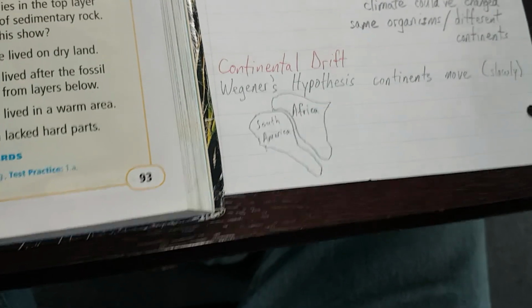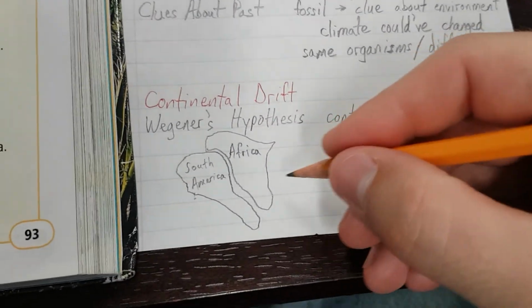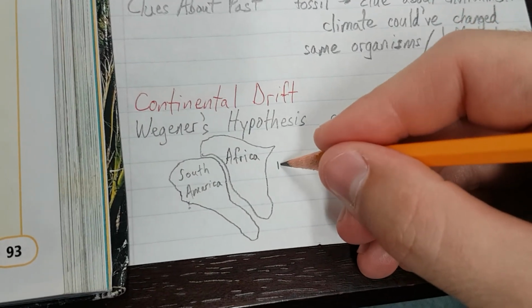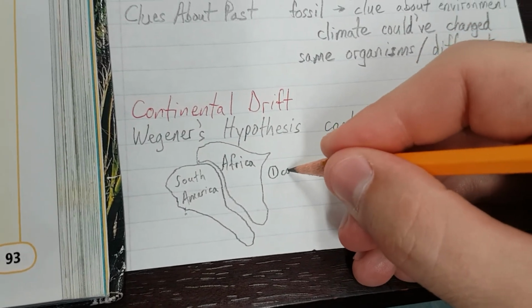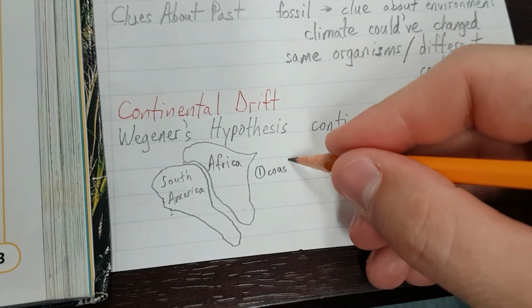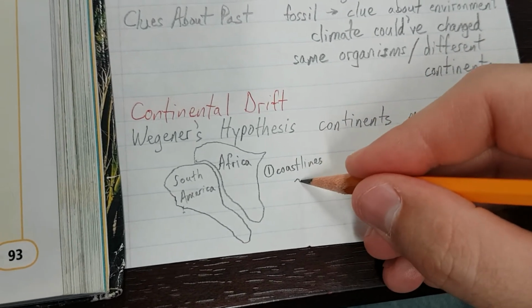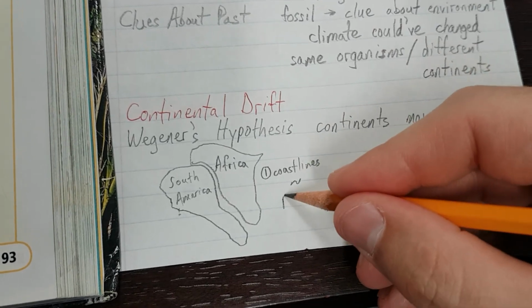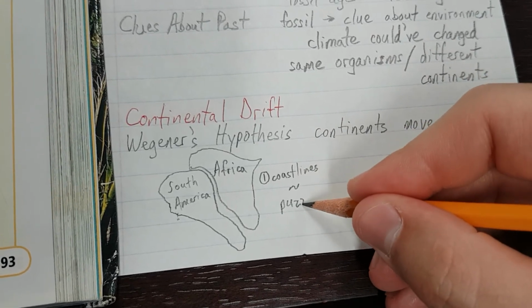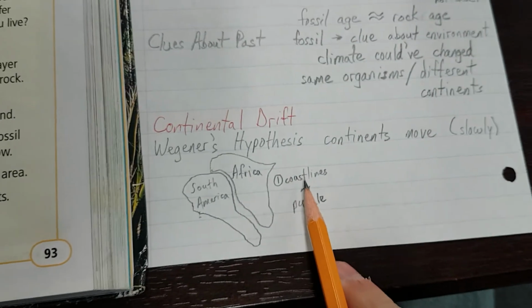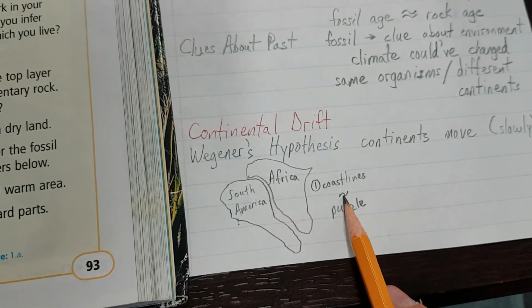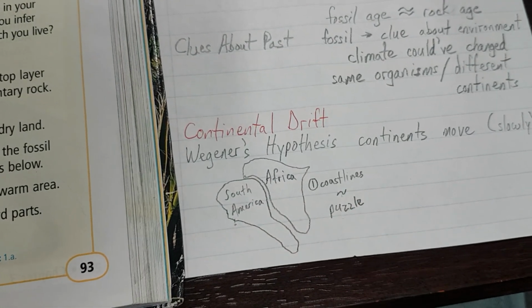So that first piece of evidence was the coastlines. So number one, coastlines, C-O-A-S-T-L-I-N-E-S, squiggle, puzzle, P-U-Z-Z-L-E. So the coastlines of South America and Africa kind of fit together like puzzle pieces.